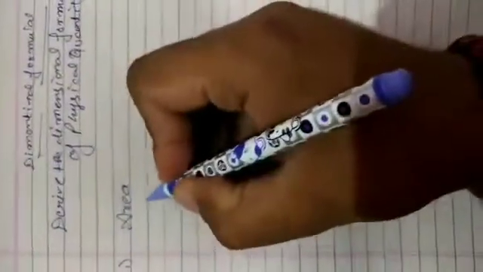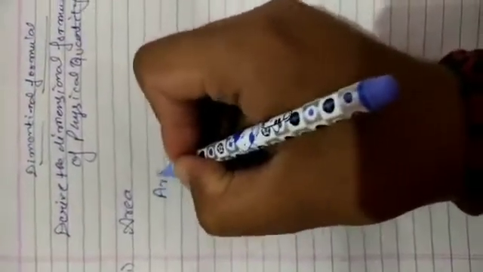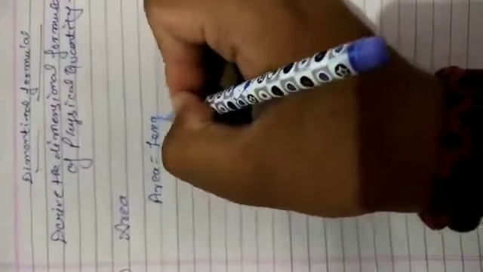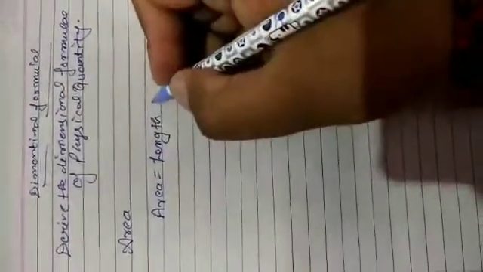Physical quantity. Okay, so first one is area. Let's say area. So the formula of area is equal to length into breadth. We can say two lengths will be multiplied and give us area.